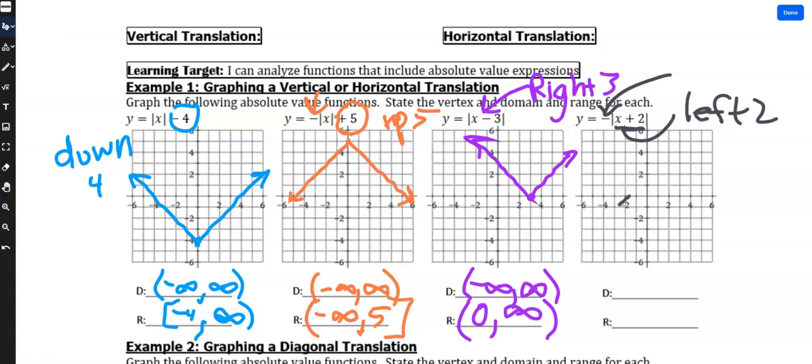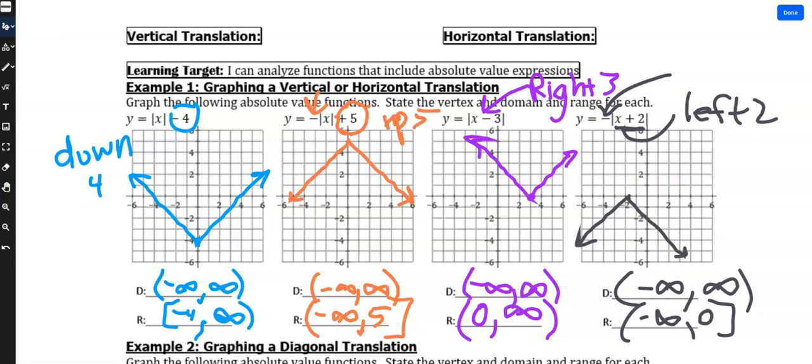So domain stays the same. Range, negative infinity, all the way up to 0, including 0.